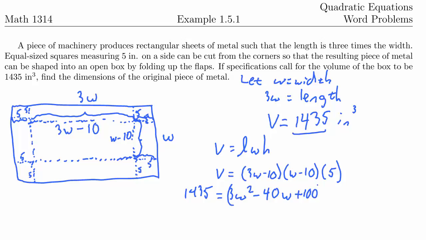But all of that is still being multiplied by 5. So I need to distribute that 5 into all of that. So I get 1435 is equal to 15w squared minus 200w plus 500. If I subtract 1435 from both sides, that's going to give me a quadratic equation.